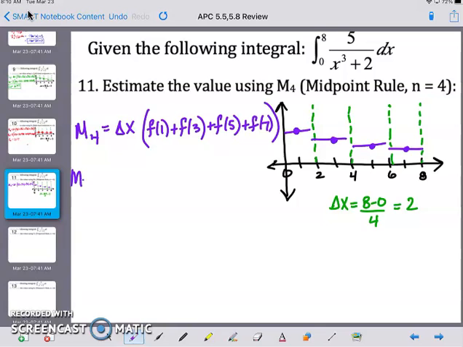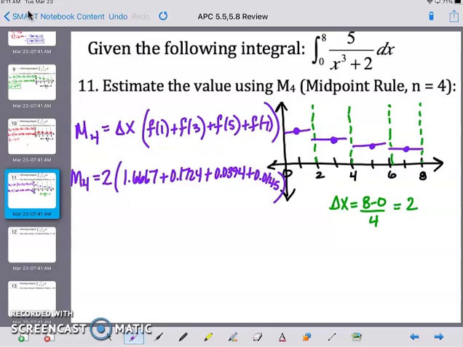So I know my midpoint approximation with 4 rectangles is going to be equal to 2 times f of 1, which was 1.6667. F of 3 was 0.1724. F of 5 was 0.0394. And f of 7 was 0.0145.